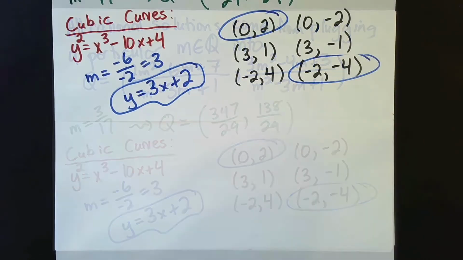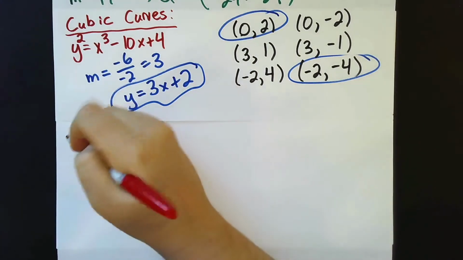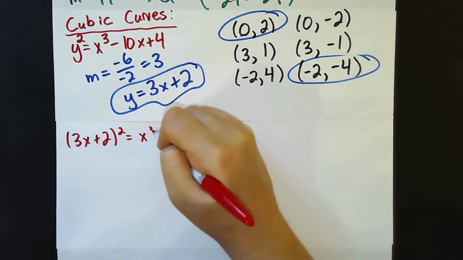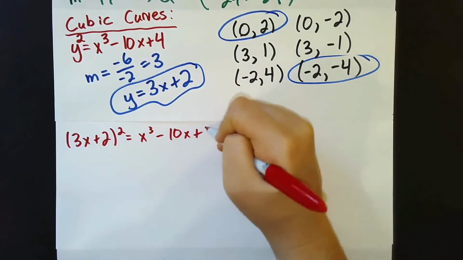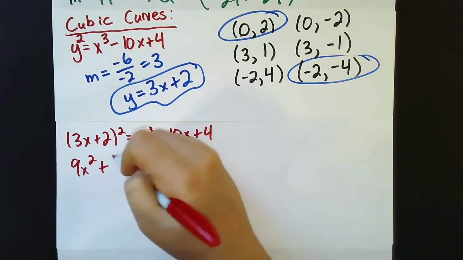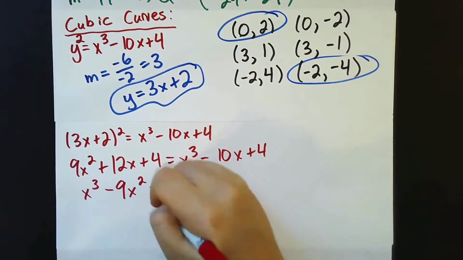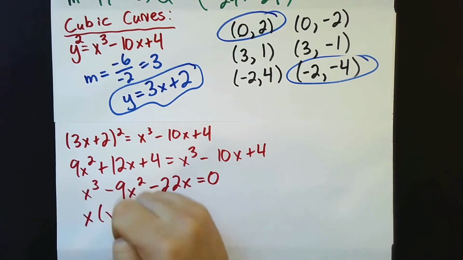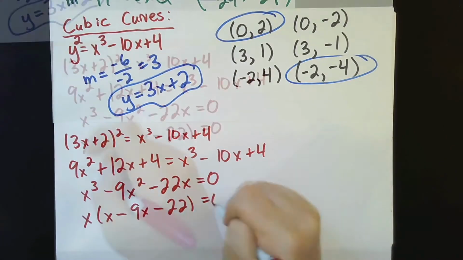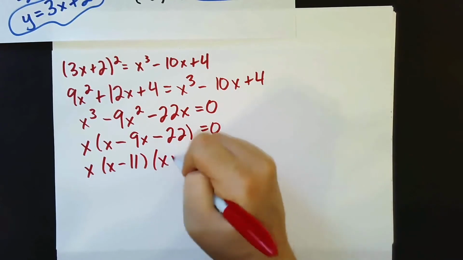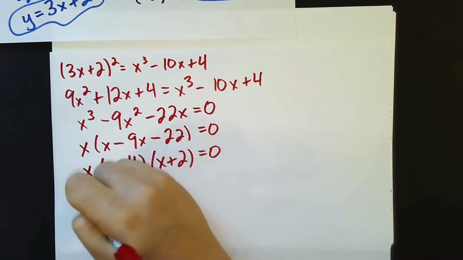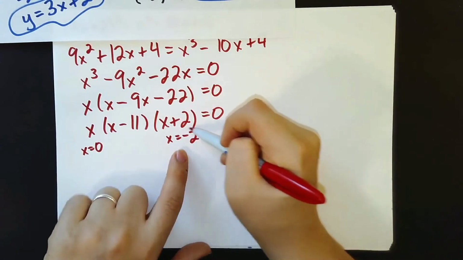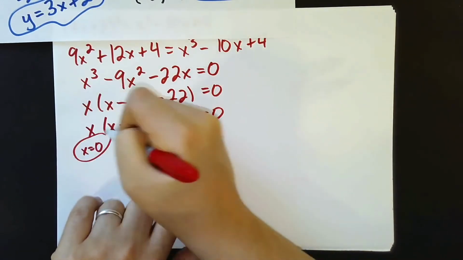And now, just like what I did before, in order to find the point of intersection, I'm going to plug this 3x plus 2 in for y. And I actually don't even really need any fancy tricks here. I can just factor this. And when I do, I should hopefully find that I get 2 of the roots being the x-coordinate of each of the points that I picked.